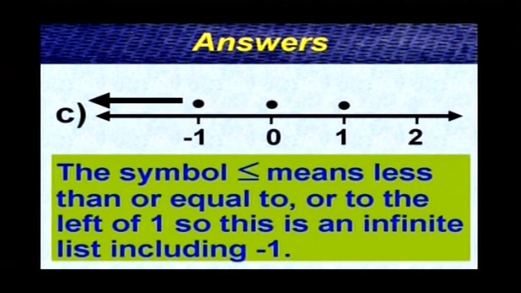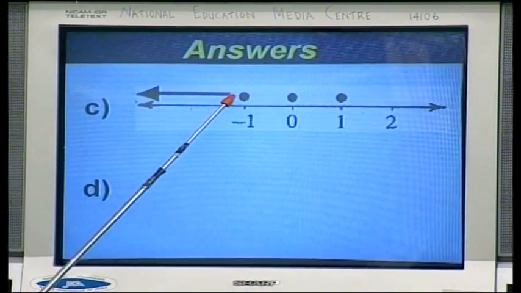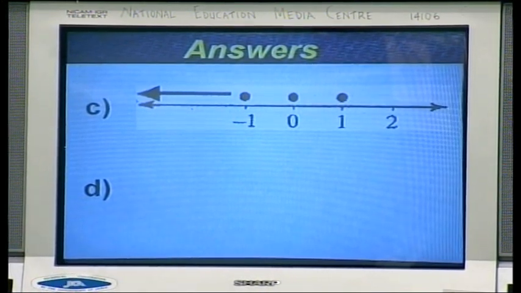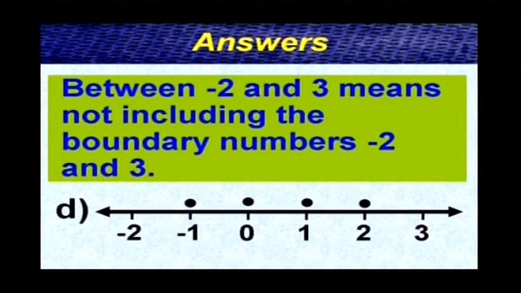C, the symbol means less than or equal to or to the left of 1. So this is an infinite list including -1. So it starts straight from -1 going to your left or right? Left. And the last one, between -2 and 3 means not including the boundary numbers -2 and 3.